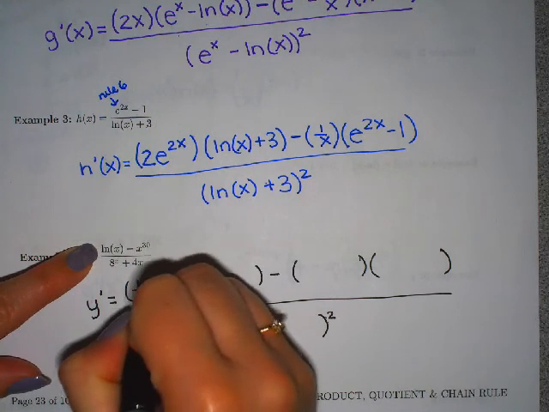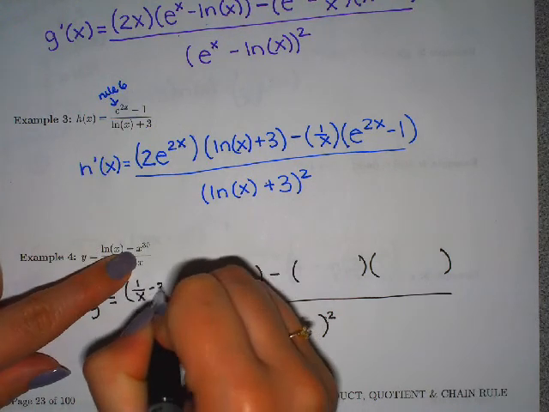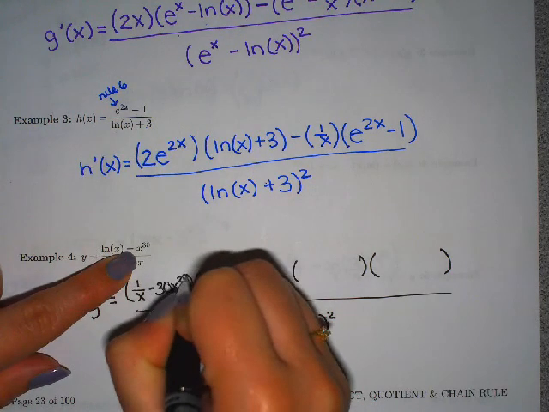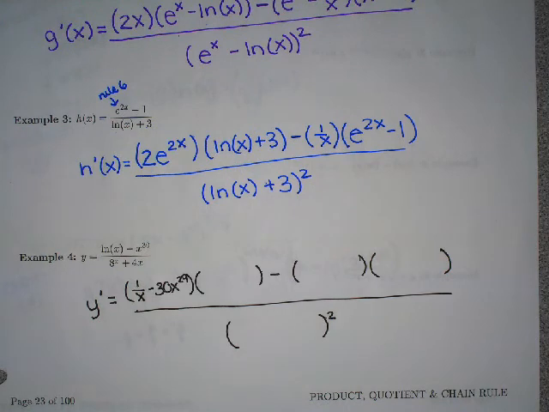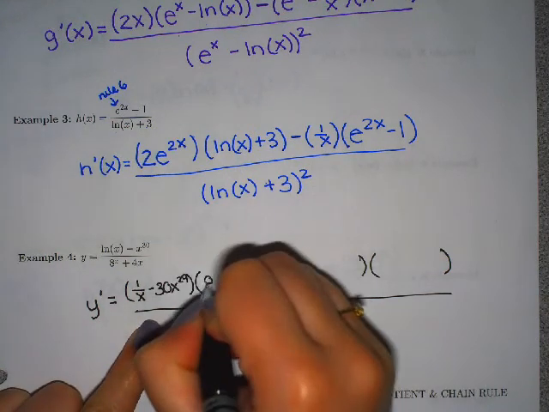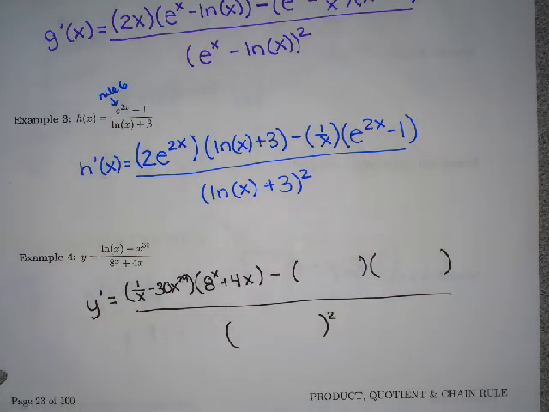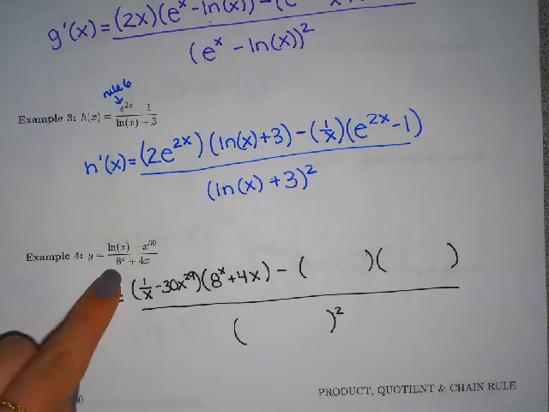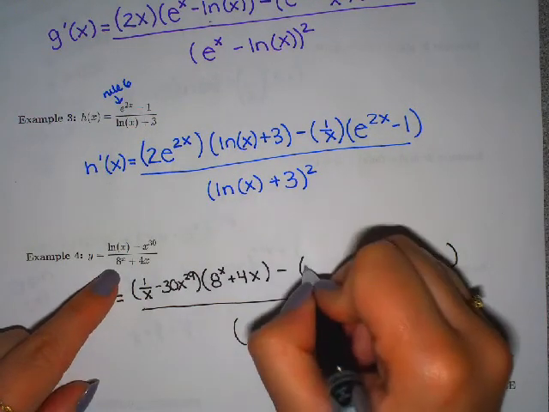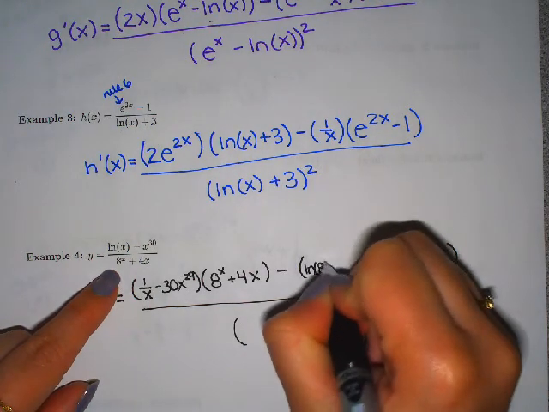So for the derivative of the top, the derivative of the natural log of x is 1 over x minus 30x to the 29, bringing down the power and subtracting 1 for the new power. There's the derivative of the top. Original bottom is 8 to the x plus 4x. Minus, now I get to take the derivative of the bottom.